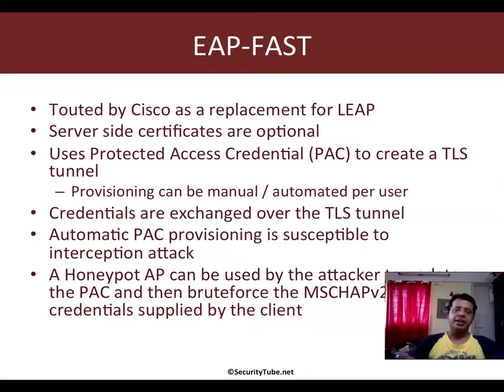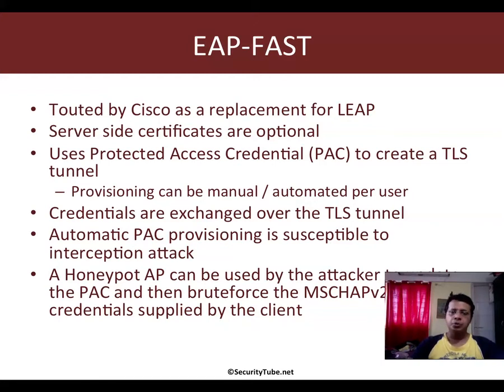Okay, then finally came EAP-FAST, which is touted as a replacement for LEAP by Cisco. EAP-FAST actually uses server-side certificates, even though they are optional. The way EAP-FAST provides security is by using something called a PAC, which is nothing but Protected Access Credential, to create the initial TLS tunnel.